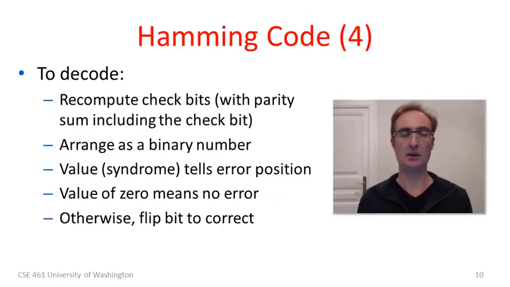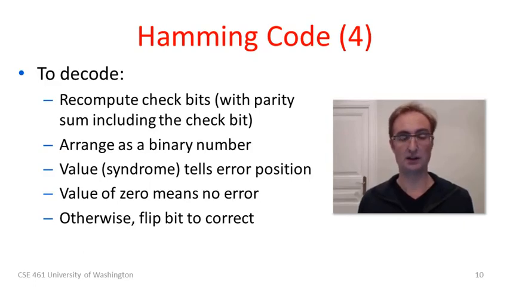Moving ahead, the Hamming code gives us a way to decode these codes. What we do is we proceed by recomputing all of these check bits using the same parity sums, now including the check bit parity value itself, because there's a value in there. We then take those check bits and arrange them as a binary number and look at the value. This value is called the syndrome.